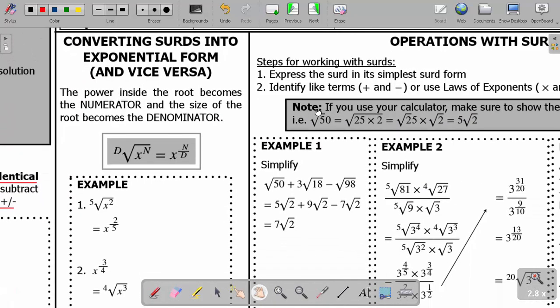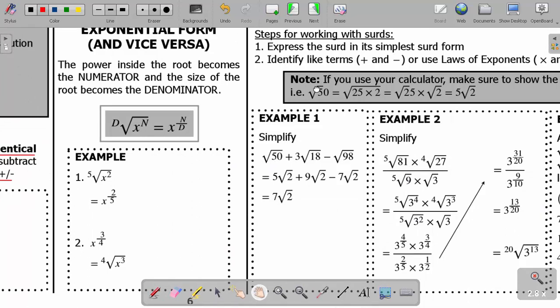Let us look at how to convert surds into exponential notation and vice versa. Now the power inside the root becomes the numerator and the size of the root becomes the denominator. Please note this. Many learners confuse this, but I don't want you to be confused from this very moment.